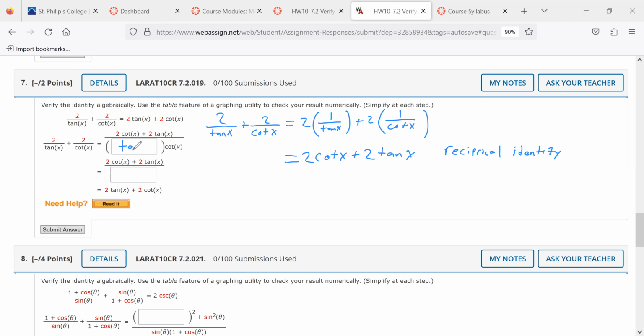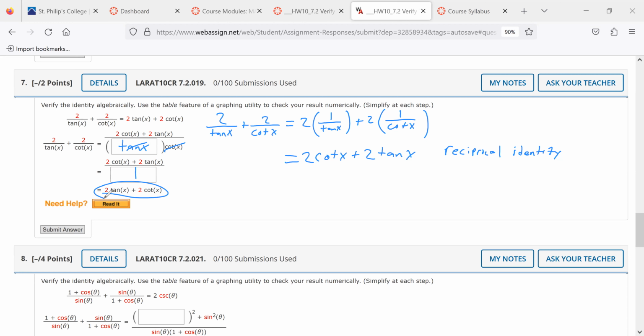So this is the tan. Once you add your fractions, LCD is right here. So once you introduce it, you'll get this on top, and you should have 10 cotangent at the bottom. Then these would cancel, leaving a 1.